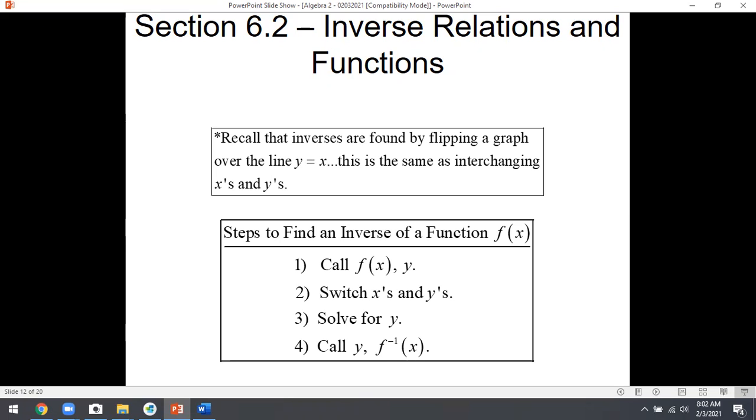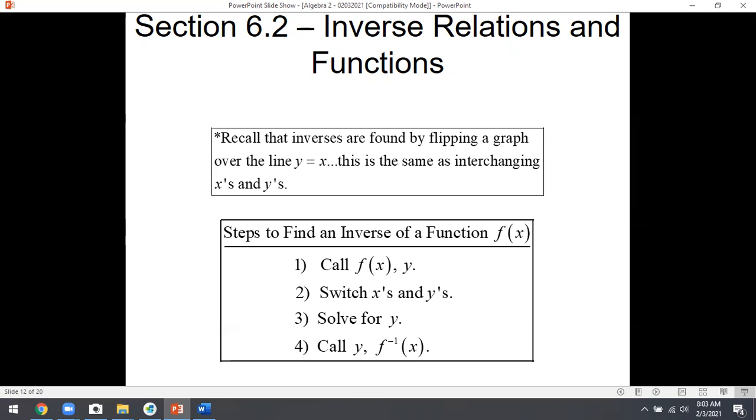The key thing is step 2. Switch the x's and the y's. Everywhere you see an x, you write y. And everywhere you saw y, you write x. You literally change their letters. When you change their letters, what you have done is you've flipped the graph of the function over the line y equals x.